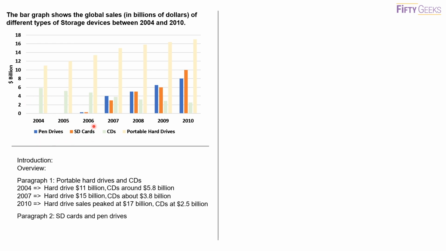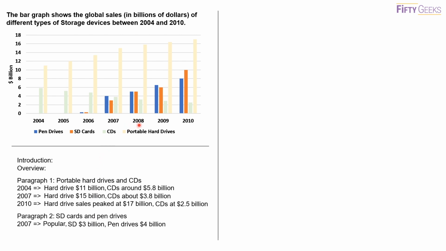In 2006, both were introduced to the market, but in 2007, SD cards and pen drives became popular among people, with the sales of SD cards at $3 billion and the sales of pen drives at $4 billion. I will write, in 2007, SD cards and pen drives became popular with the sales of SD cards $3 billion and sales of pen drives $4 billion.